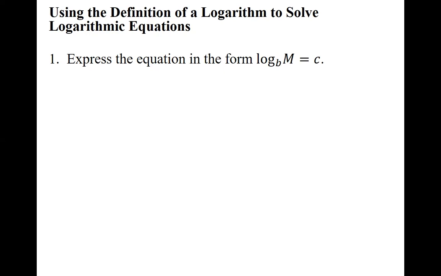So that was fun stuff about solving exponential equations. What about solving logarithmic equations? What about equations with log in them?